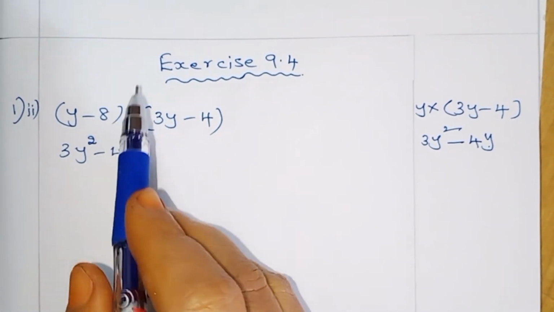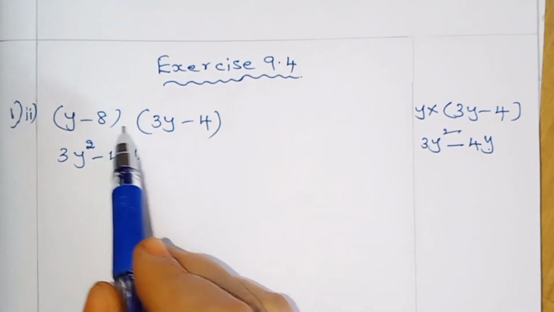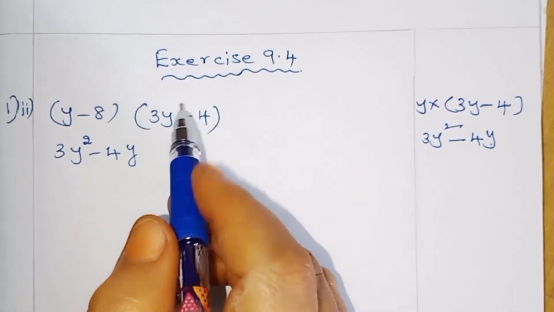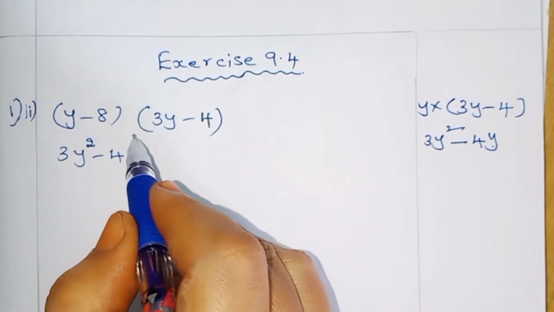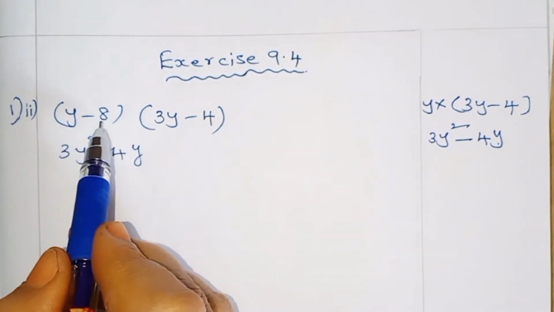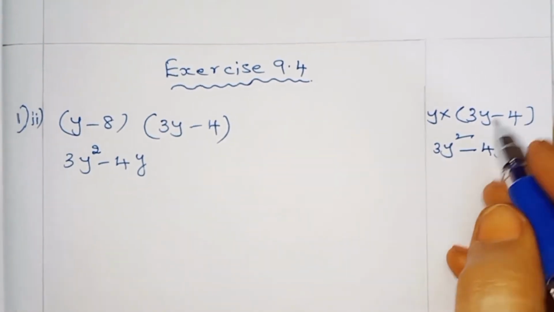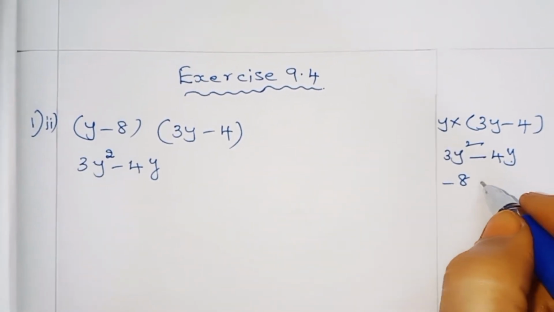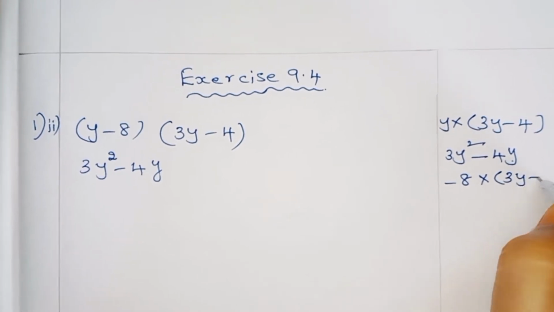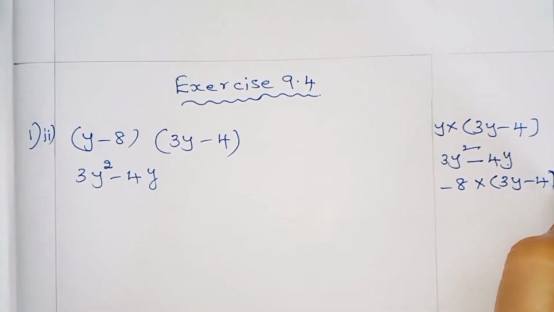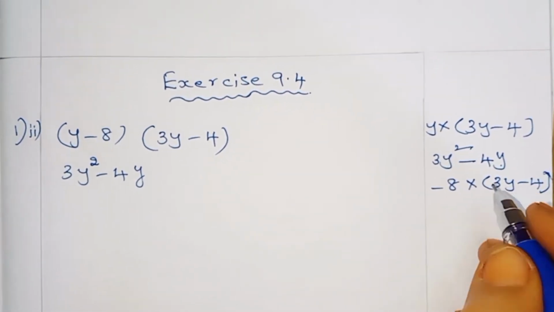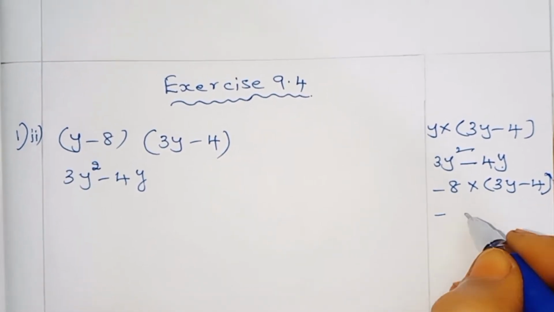Now take the second term of the first algebraic expression, multiply it by the second algebraic expression. So minus 8 into 3y minus 4. 8 3s are 24. Plus into minus, minus.